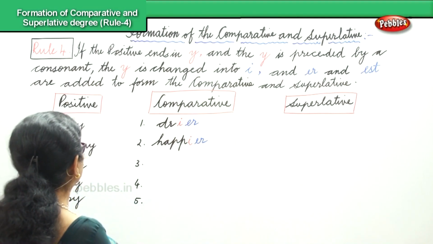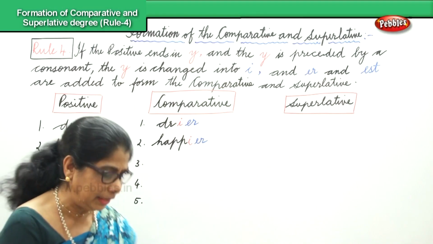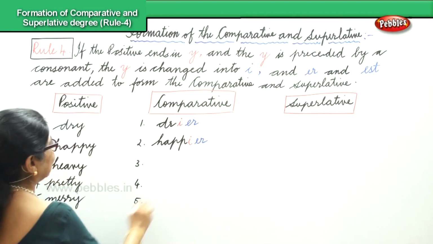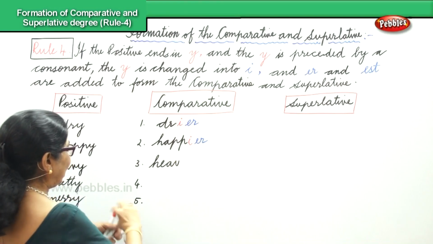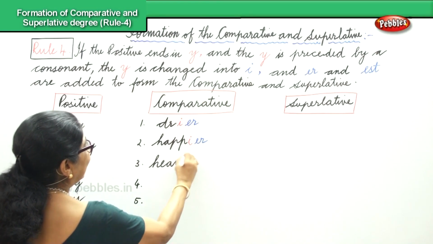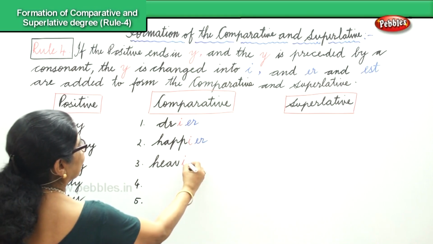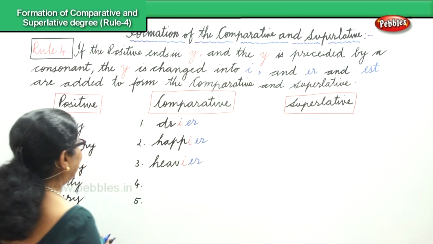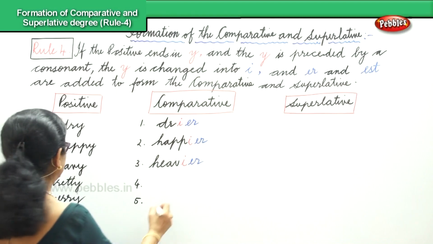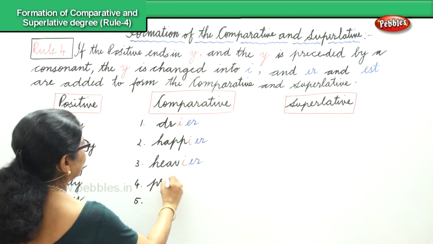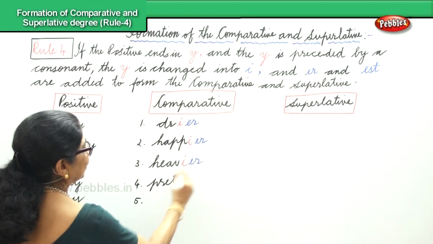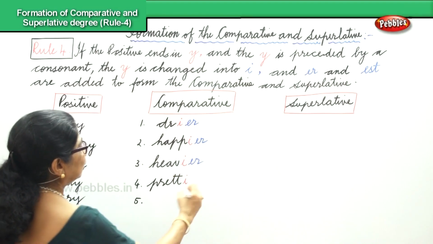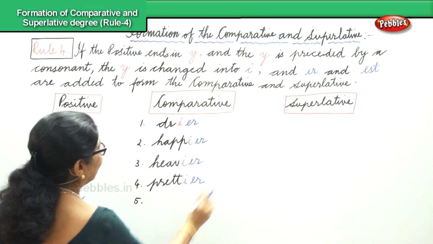Then, let's look at the third one, heavy. So that will be, you put I, add I, and then ER. So, Y is taken away. Heavier. Pretty, so double T, add I, and add ER to form the comparative, prettier.